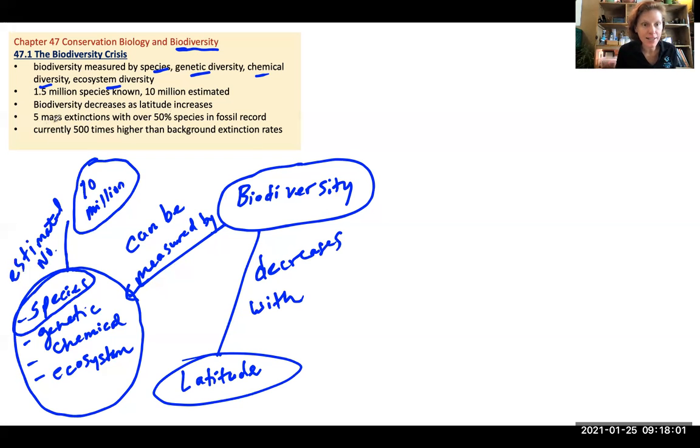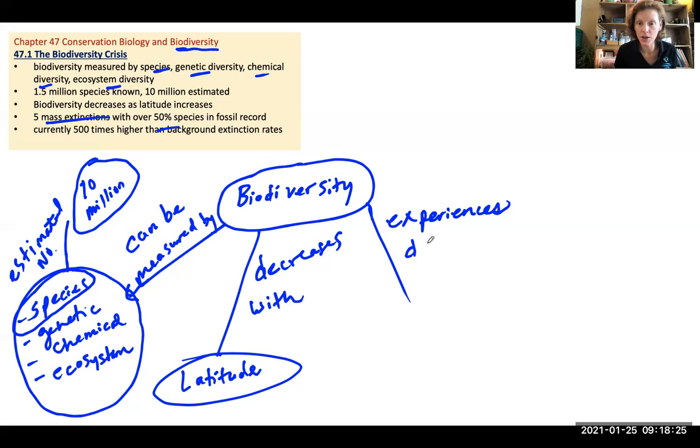Let's see, 5 mass extinctions with over 50%. So I would say biodiversity. Let's see, how would I relate this to 5 mass extinctions? So biodiversity experiences, there's lots of words you could use here.